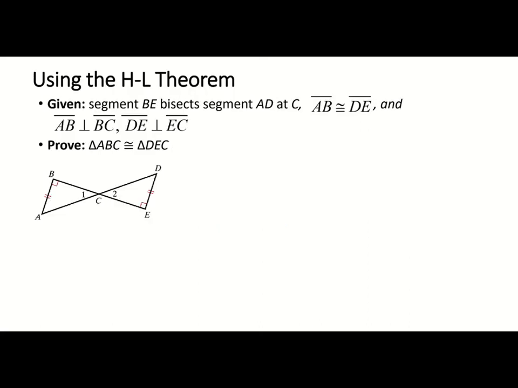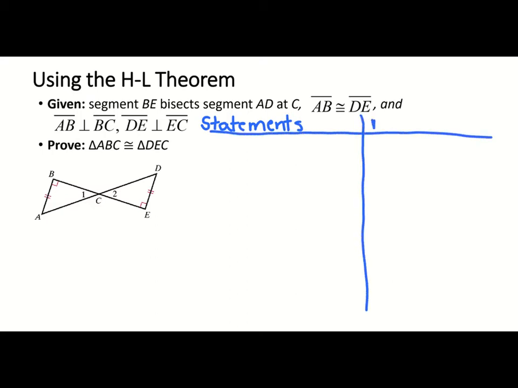All right, the last thing we're going to do for this section is a proof, and potentially we are going to use our HL theorem. So let me write my statements. And my reasons.